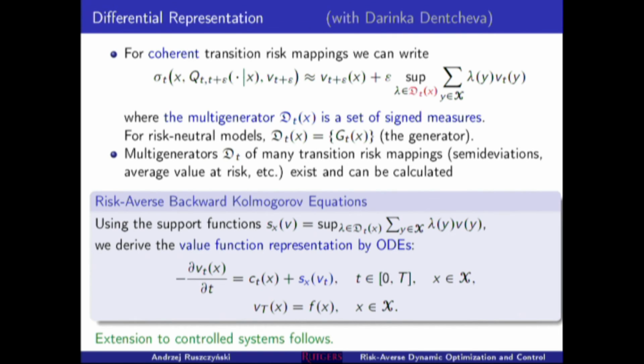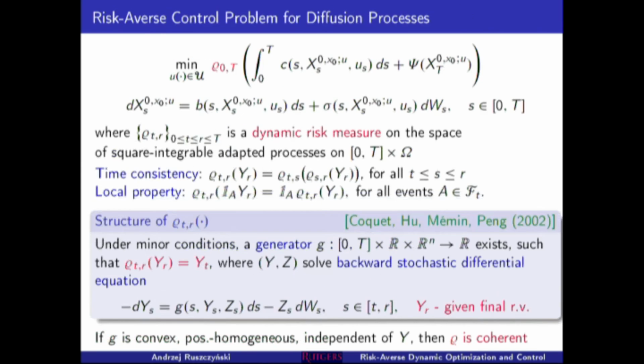Here is this support function. In the expected value case, this would be just the generator multiplied by the value function. In this case, it is slightly more complicated. But Darinka will talk about this on Thursday, so I'm not going to steal the show from her, but again, this type of structure can be derived.